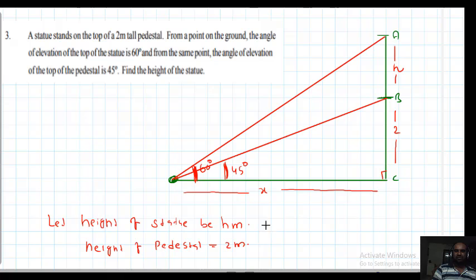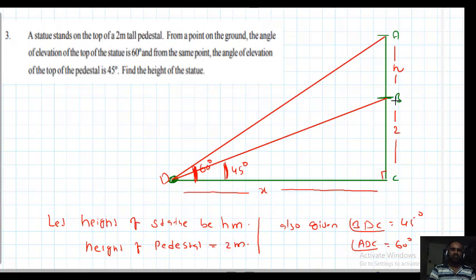Also given, A, B, C, D: angle BDC equal to 45 degrees, angle ADC equal to 60 degrees. Just a simple problem.